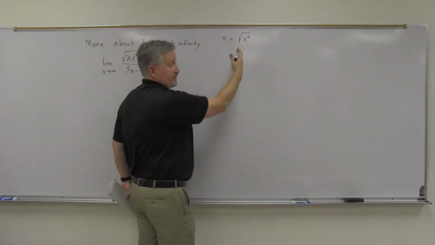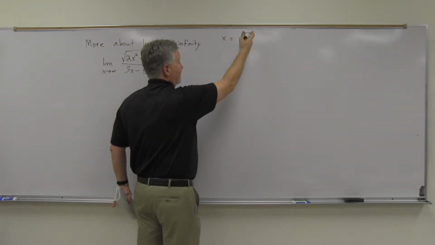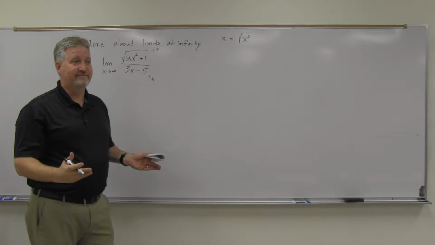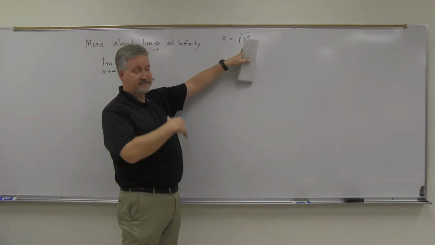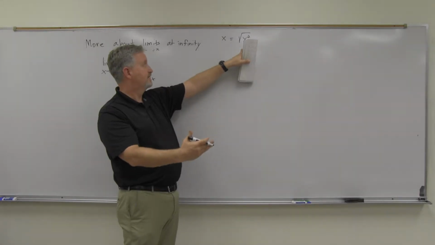We've talked about things like this. The square root and the square basically cancel one another out. So x is represented as the square root of x squared as x goes to positive infinity.